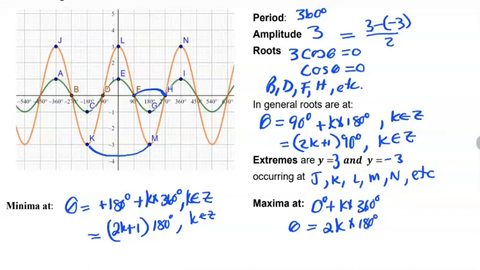So at all the odd numbers, I'll get the minimums, and at the even numbers I will get the maximum. So this also for k element of z. Remember, z is the whole numbers. So the next page will give us a summary of what we said here. It is just neatly typed.